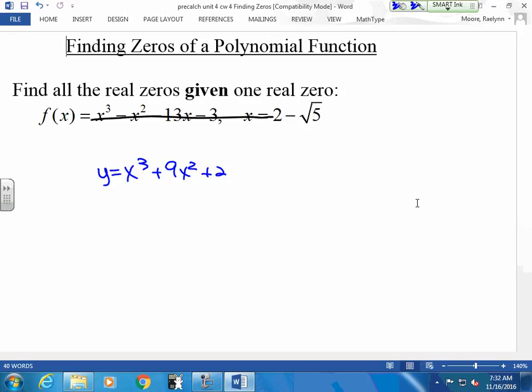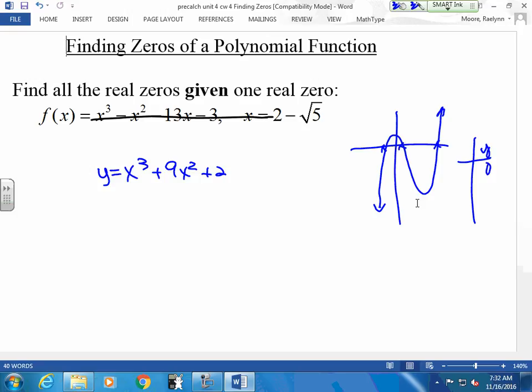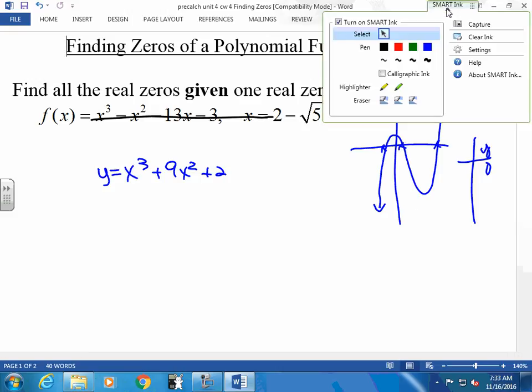The minimum is at 0. Oh, I got a plus instead of a minus. I'm sorry. Okay, I'm going home. I'm gonna have to start my day all over.